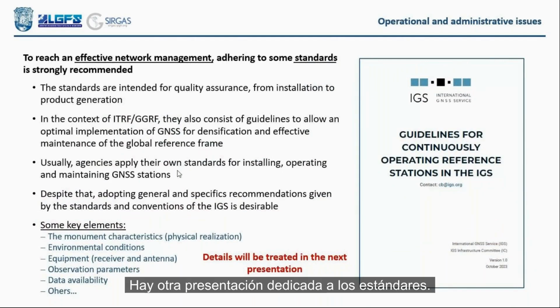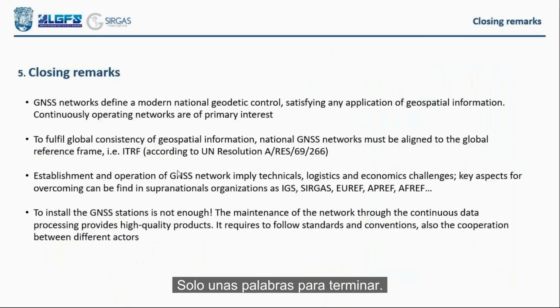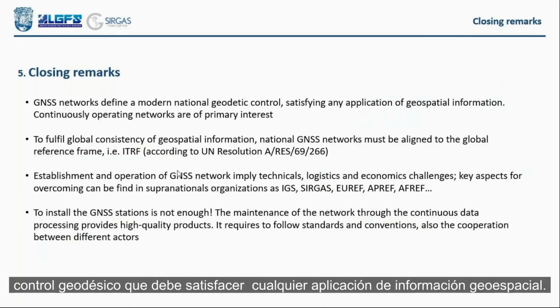There is another presentation dedicated to the standards, so I'm not going to talk about this. But just for closing remarks, the networks based on GNSS define the modern geodetic control, satisfying any application of geospatial information.